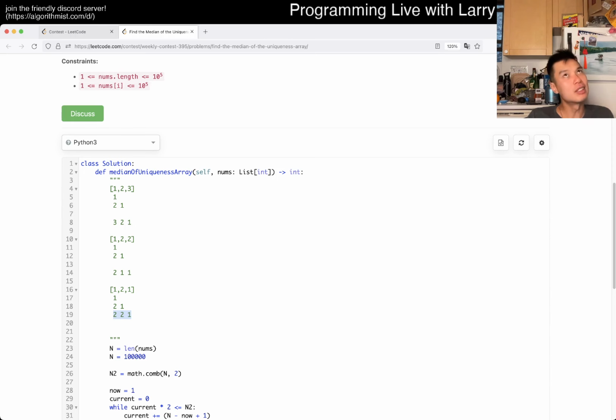I mean, yes, you can remove the 1 to the end, but there are still degenerate cases. I can't get that out of n square.